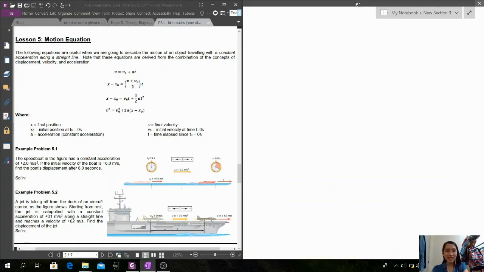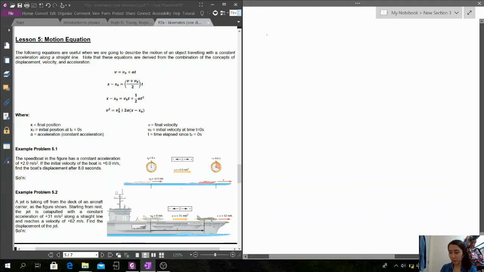So for the last equation, we will use v squared is equal to the initial velocity squared plus 2 times acceleration times the displacement. To derive this, we will use that the acceleration is the change in velocity with respect to time, and velocity is equal to the change in position with respect to time. So we have dt in common here.